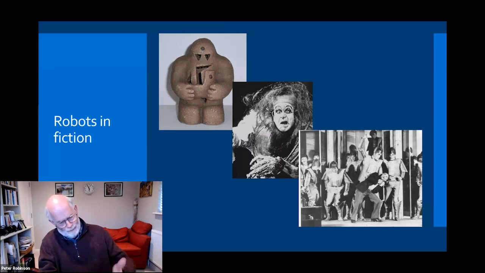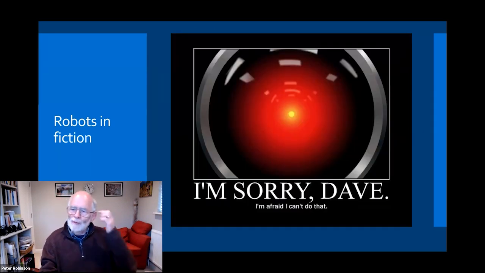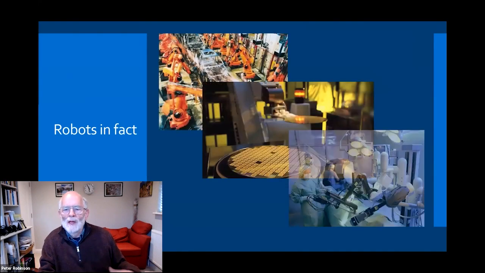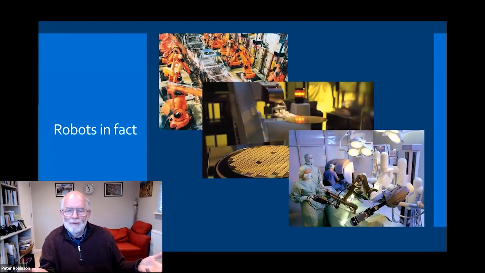And of course, robots have got a fairly bad press in fiction since then, notably in 2001, although for those of you who've read the story, you actually know that it's not really the robot turning on them, it's the people controlling it back at base. But of course, those aren't really the robots that we have around us. The robots that we have around us are machines in factories.